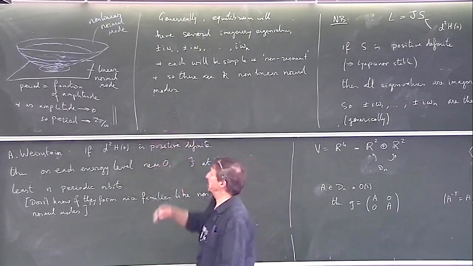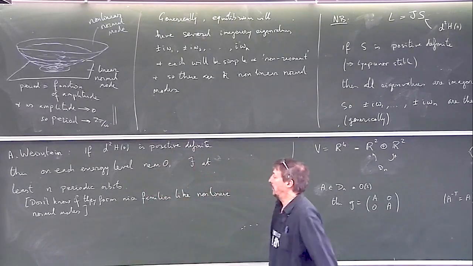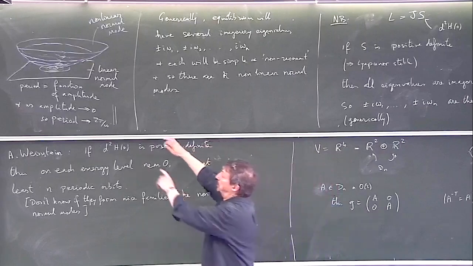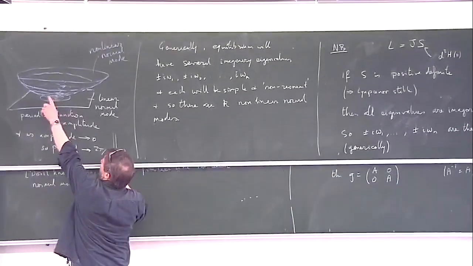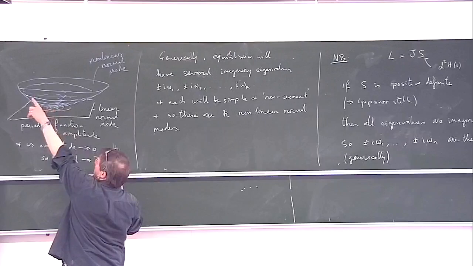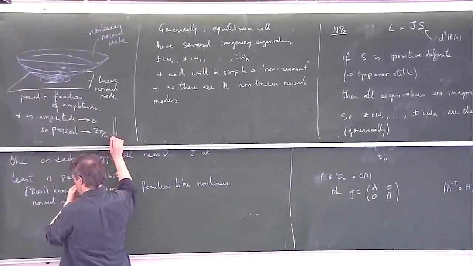So you don't have this nice picture with the amplitude varying or the energy. You can parameterize these by amplitude or by energy, because the energy is increasing out.